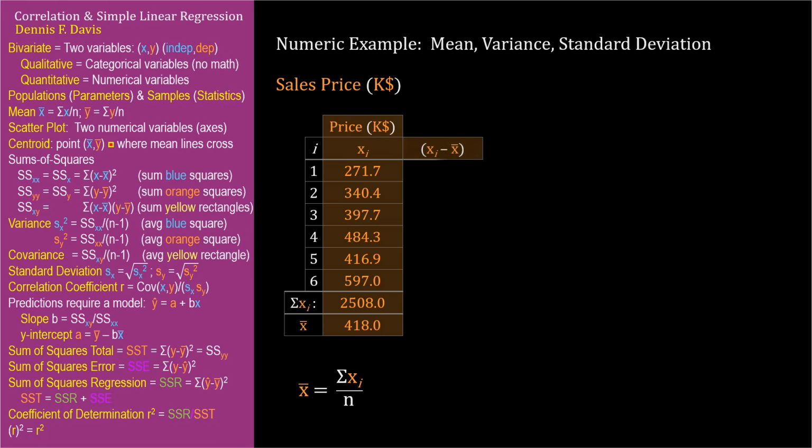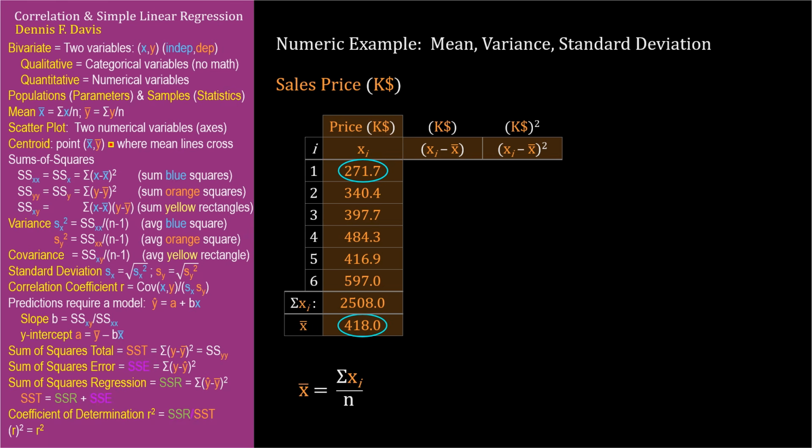Now we need to find each point's difference from x bar. That's why we find x bar first. So we'll add this column for x sub i minus x bar. Then we'll need to square this difference, so here's a column for x sub i minus x bar squared. I'll add the units on top. For the first point, x sub i is 271.7 K dollars.